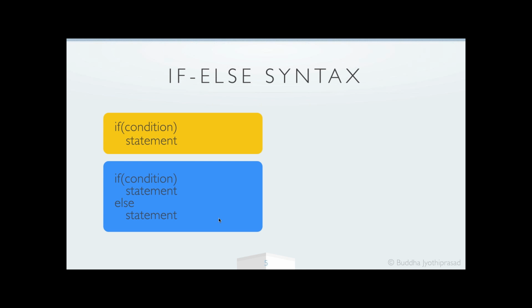A statement can be a single statement or a multiple-line statement enclosed in brackets. There is also another syntax wherein we give a condition, then a statement, then else, and then another statement. If the condition is true, the statement given right after if will be executed. Otherwise, the statement given right after else will be executed. In the first case, if the condition is true, the statement will be executed. Otherwise, that statement will be skipped.